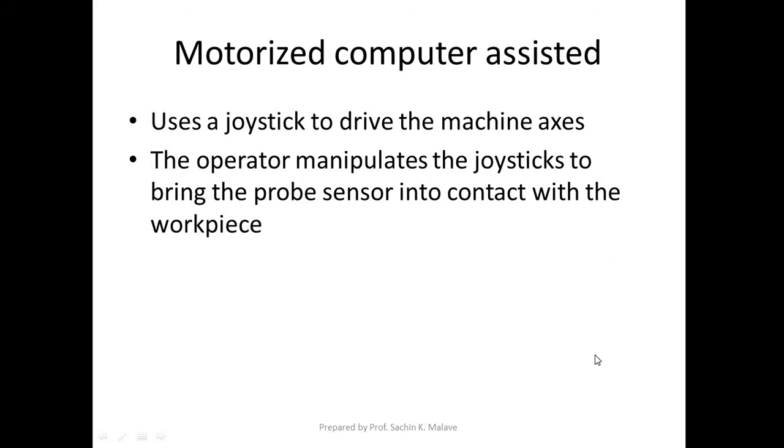Stepper motors and friction clutches are used for smooth stepwise motion without collision between the probe and the part. So the movement of the probe is done by the operator using the joystick with the help of the stepper motor and friction clutches, ensuring that there is no collision between the probe and the workpiece. That care is taken.